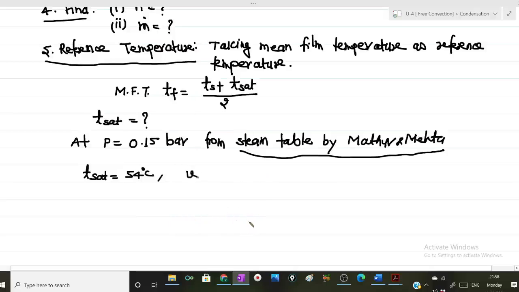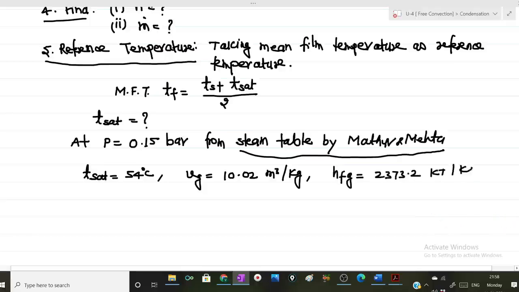Then specific volume of saturated vapor is 10.02 meter cube per kg, and HFG, that is latent heat, is 2373.2 kilojoule per kg. Almost every time we are supposed to use the HFG in joule per kg, so I will convert it into joule per kg.